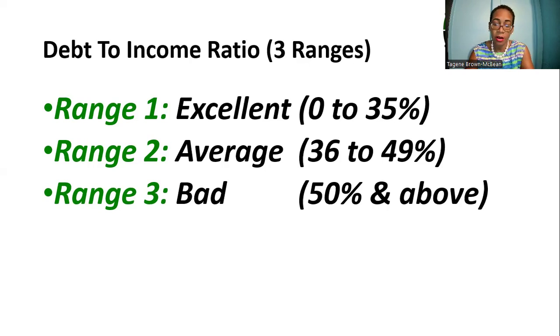So your income and your debt, these two things affect the majority of all your financial health: income, and the loans and credit cards you have. These two things will really determine the health of your finances.